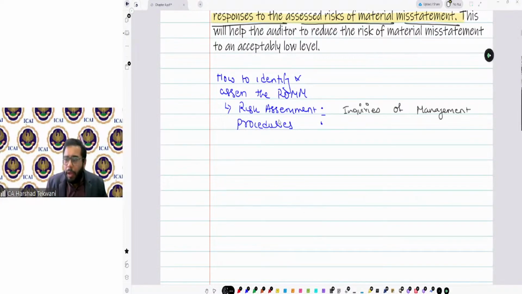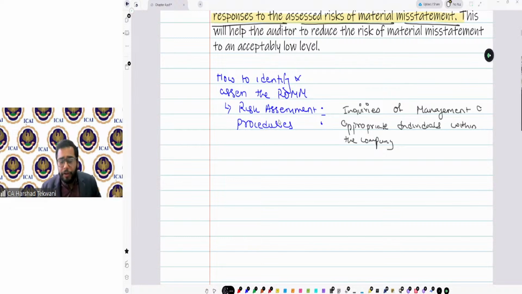And appropriate individuals within the company, or within the internal audit function. If we inquire with them, they might provide us the detail that we require.